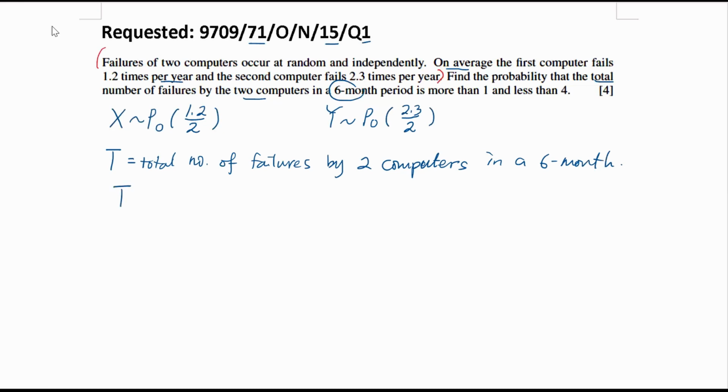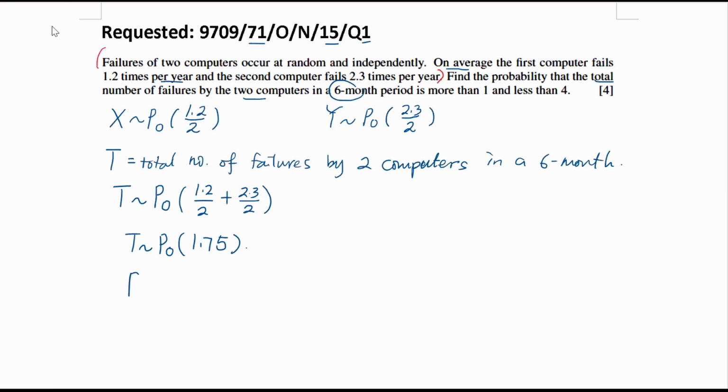Since the first computer follows a Poisson distribution, and at the same time the second computer also follows a Poisson distribution for the number of failures, the total number of failures also follows a Poisson distribution. And the constant mean rate would be 1.2 divided by 2 plus 2.3 divided by 2. All right, so this is the Poisson distribution, and the mean we obtain is 1.75.